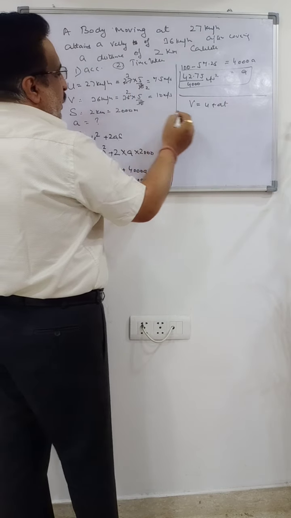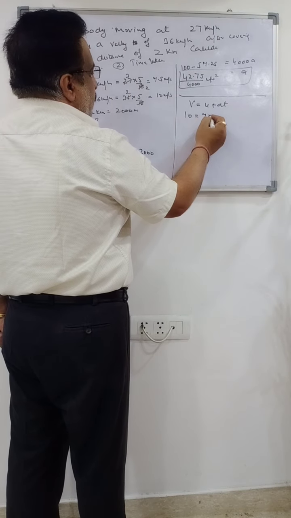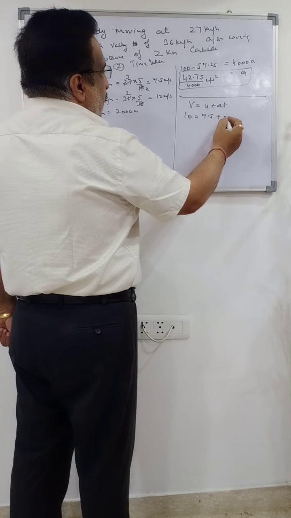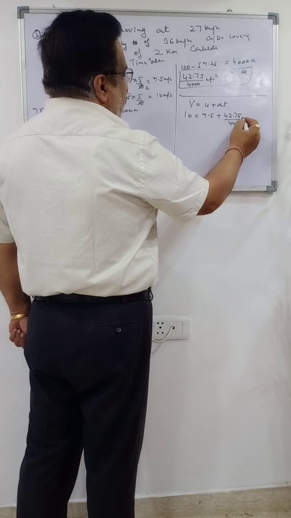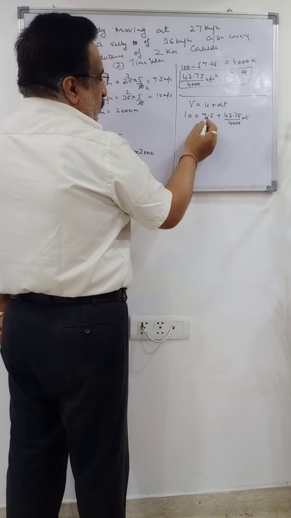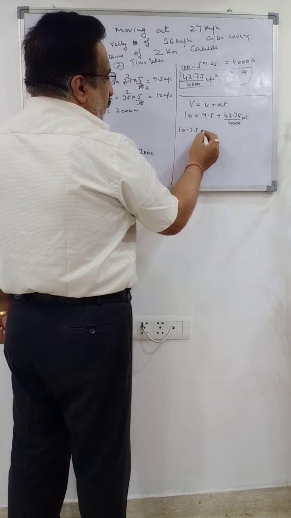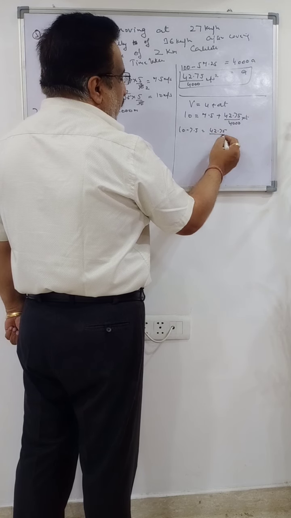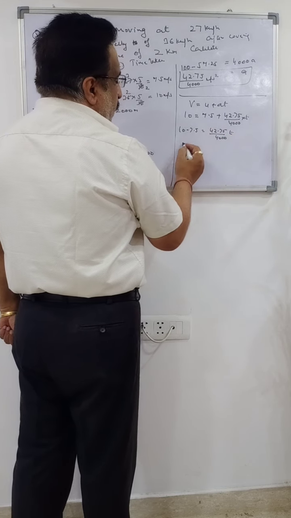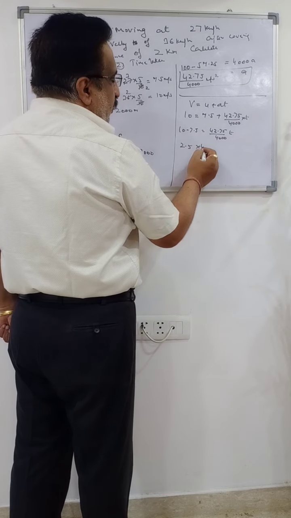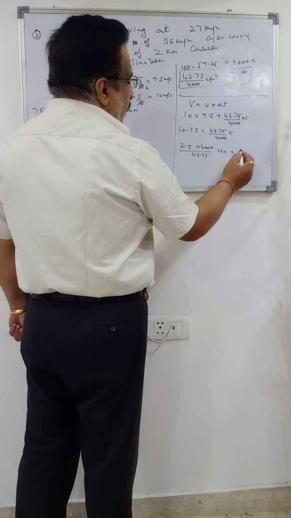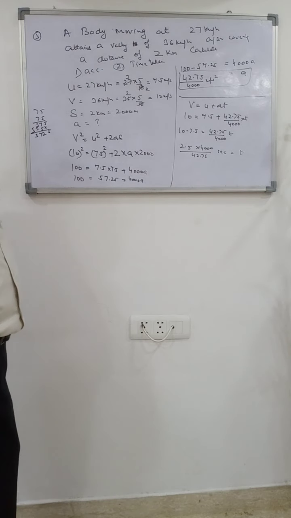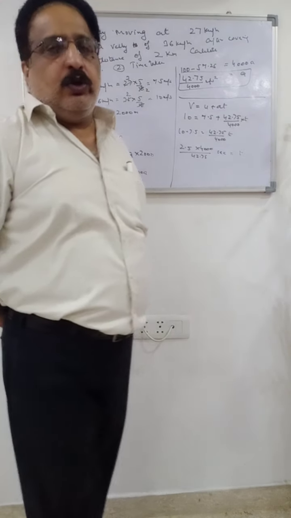V here is 10, U here is 7.5, plus A, which is 42.75 by 4000, into T. 10 minus 7.5 is equal to 42.75 upon 4000 T. So 2.5 into 4000 upon 42.75 seconds. You can solve it easily at home. So T will come in seconds. That is how to solve these numericals.